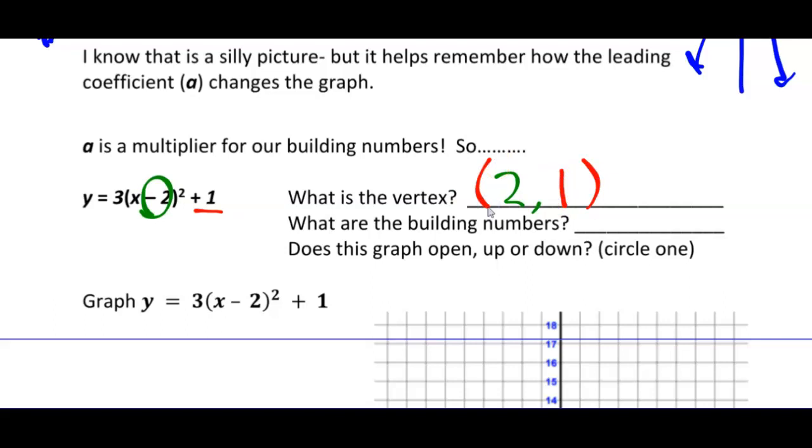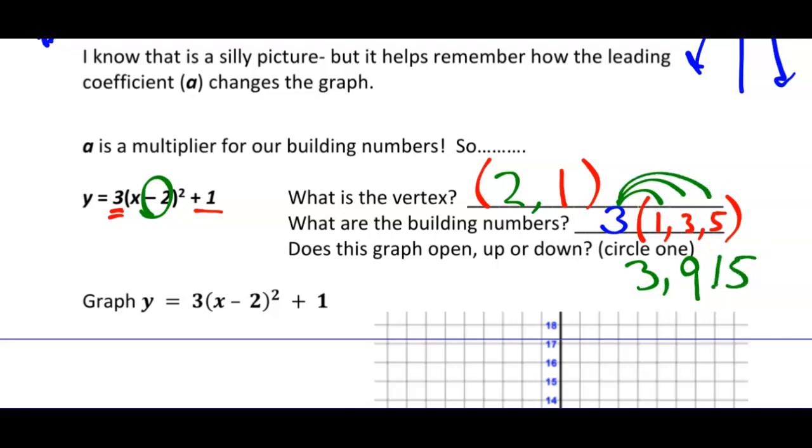All right. So, what are my building numbers when I have a 3 out here? Well, my building numbers are going to change by that 3. So I've got my 1, my 3, and my 5, and they're going to get 3 times bigger. So they're going to change into 3, 1 times 3, 3 times 3 is 9, 3 times 5 is 15.